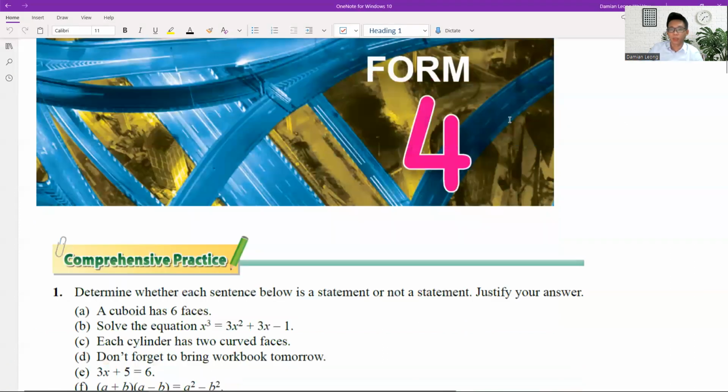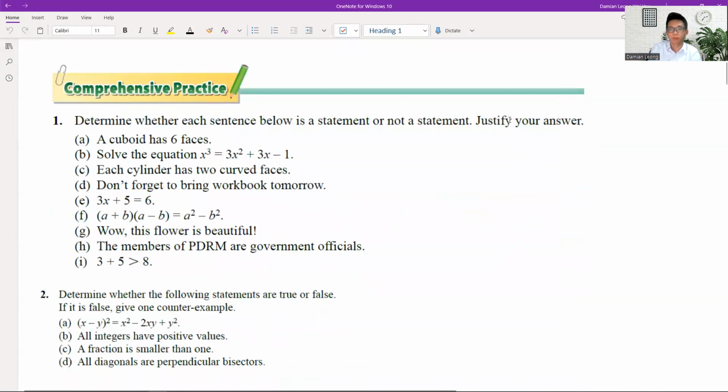So let's see here. Question 1, determine whether each sentence below is a statement or not a statement. So how do we determine whether a sentence is a statement or not? What makes it a statement and what makes it not a statement?